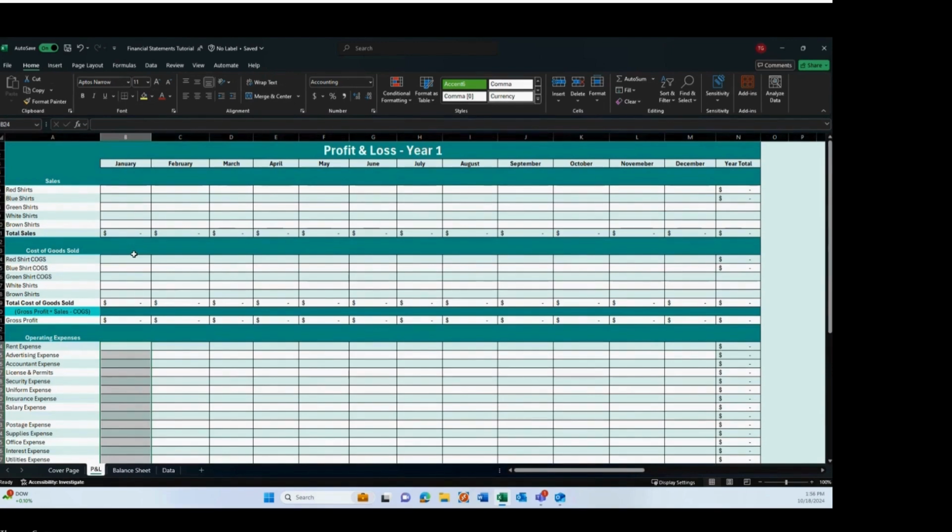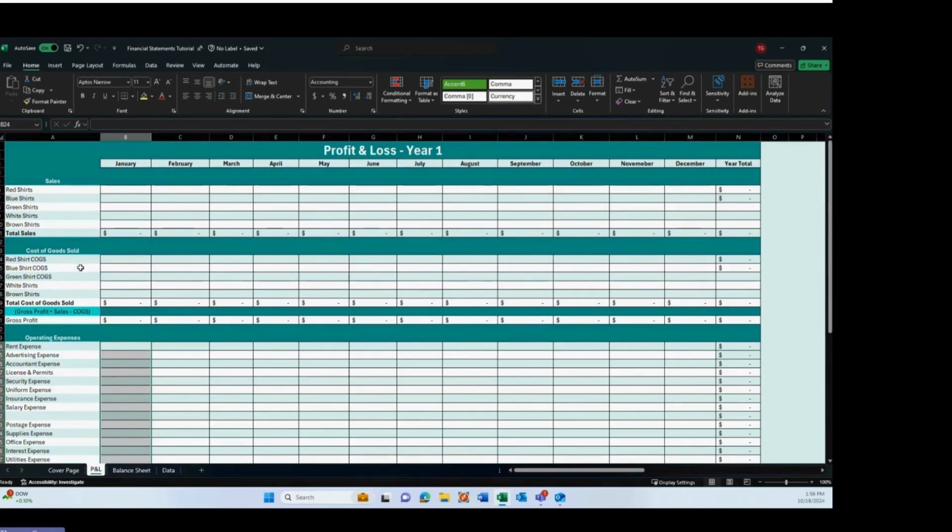So one of the shirts here we can see is a red shirt. And so if you pay $5 for a red shirt and you sell it for $10, the cost of goods sold on that red shirt is $5. It's simply what did it take you to acquire that product? And so that's all cost of goods sold is. What did it cost you to acquire that product?